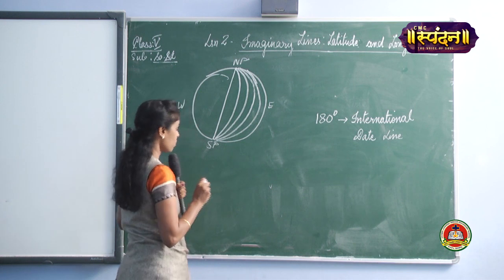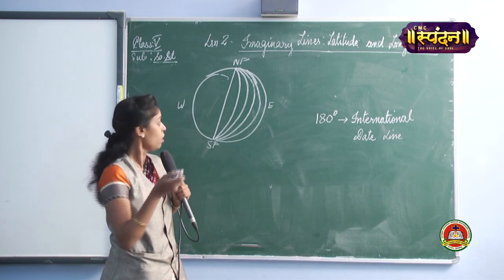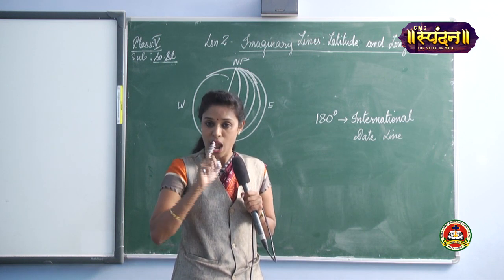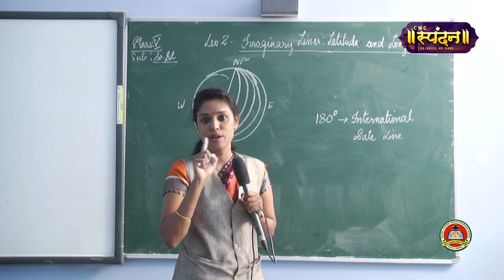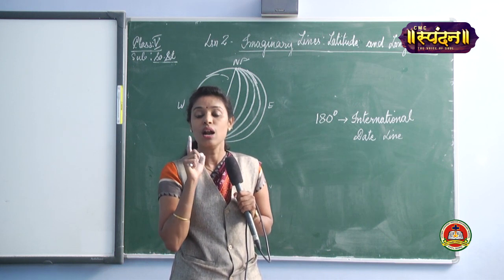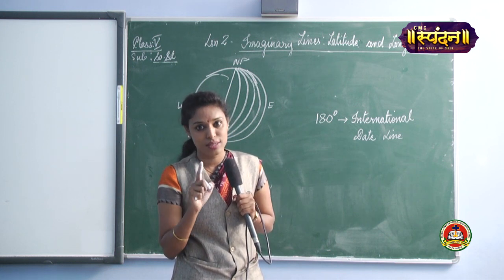Now, you know that there are 360 longitudes and the earth takes one rotation. In one rotation it has 24 hours.